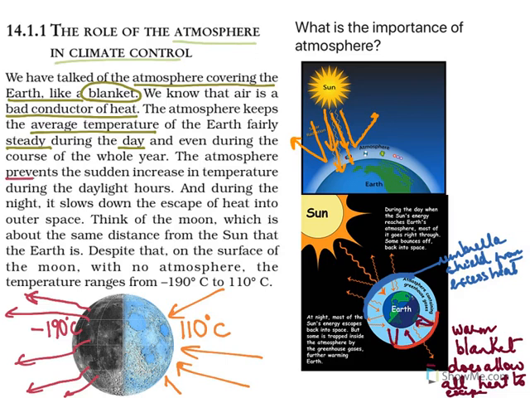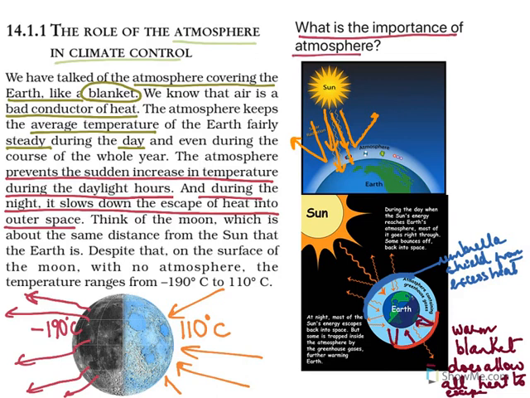The atmosphere prevents the sudden increase in the earth's temperature during the daylight hours. And during the night, it slows down the escape of heat into outer space. So that is the role of the atmosphere. Here the question is, what is the importance of the atmosphere? And you will write this answer.